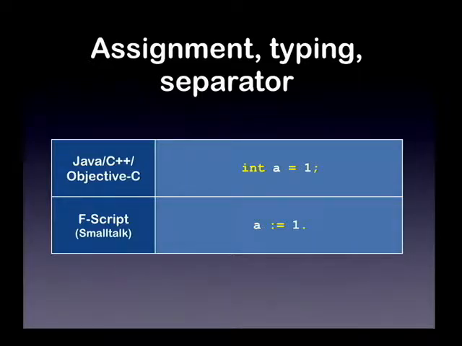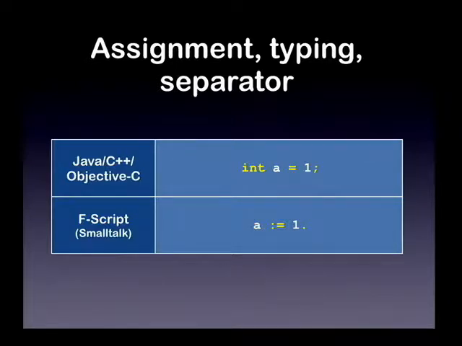As you see, there is no type declaration in FScript. Everything is an object, and you don't have to explicitly type variables. The assignment syntax uses colon equal instead of just equal, and the instruction separator is a dot, like in English sentences.